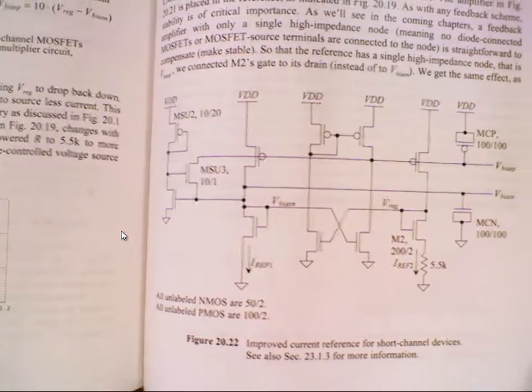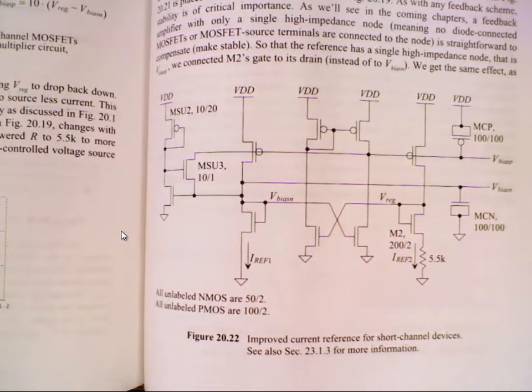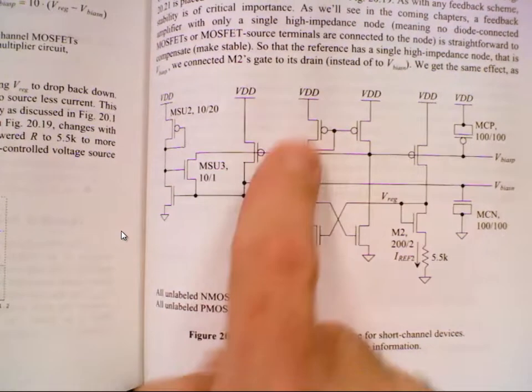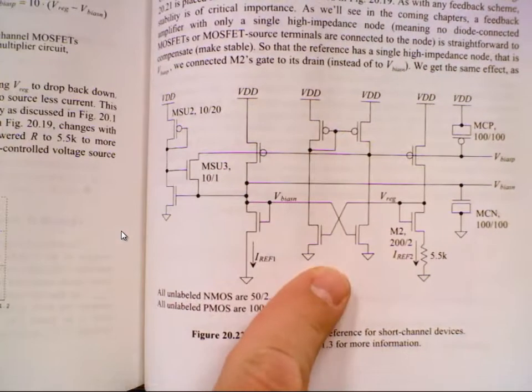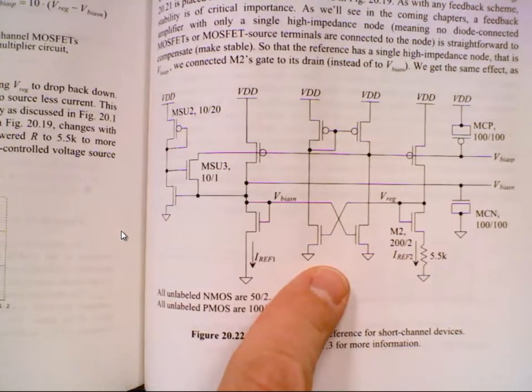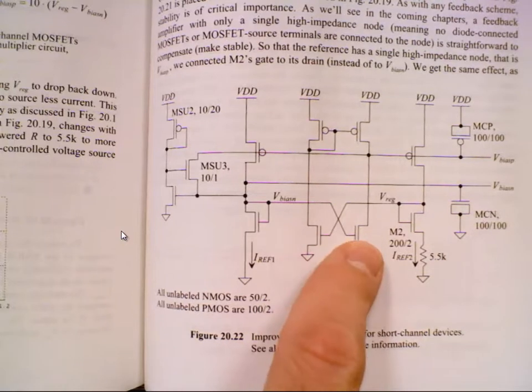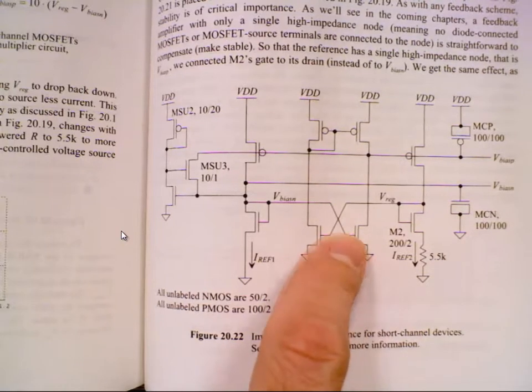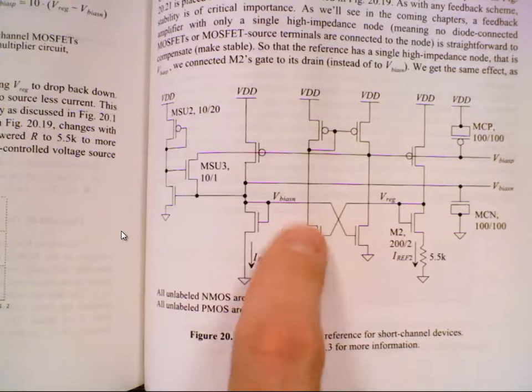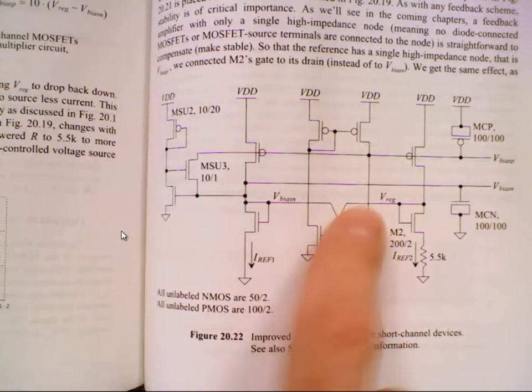Let's start out with a review. Does this added amplifier influence our core beta multiplier equation describing the current? No. If the threshold voltages change with process, temperature, whatever, does that influence the temperature behavior of the circuit?